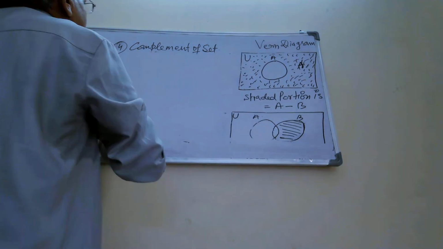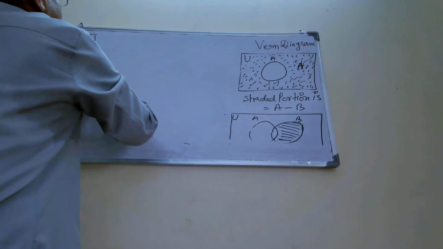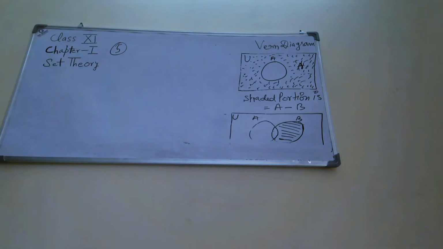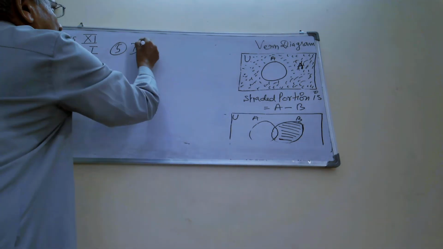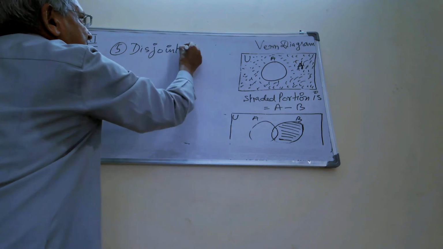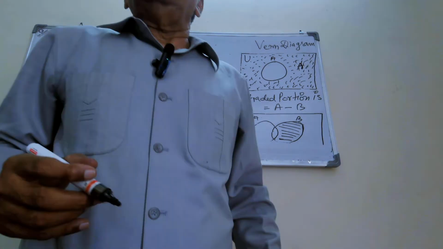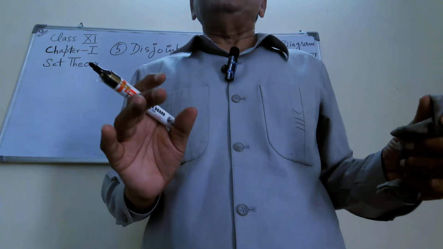Complement of sets. Now, next, 5. Disjoint sets. First of all, I want to define disjoint sets.